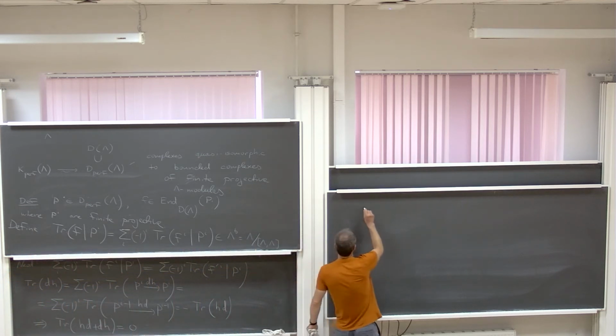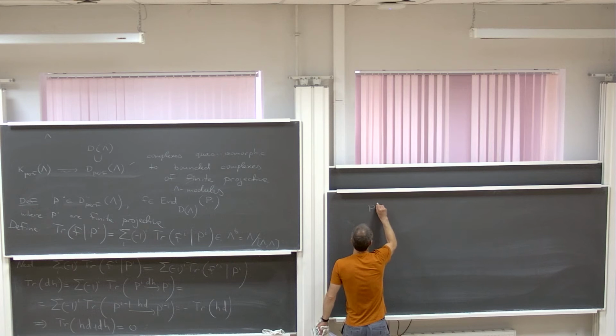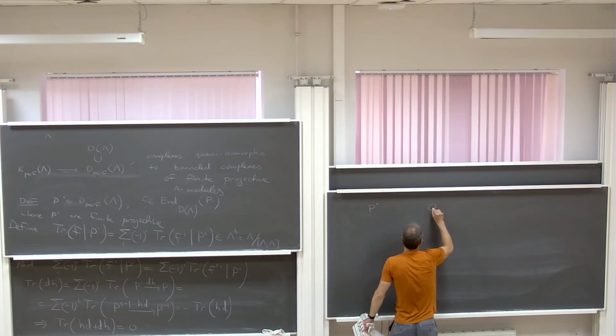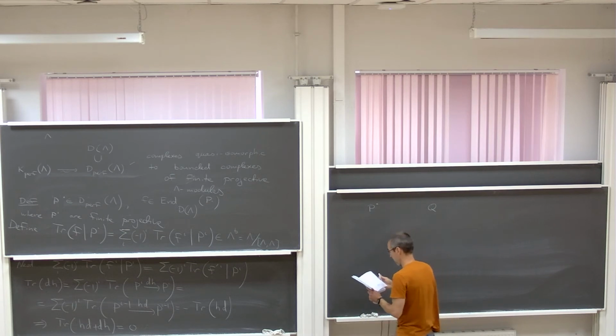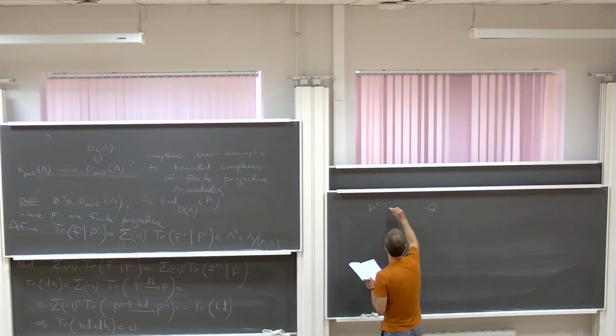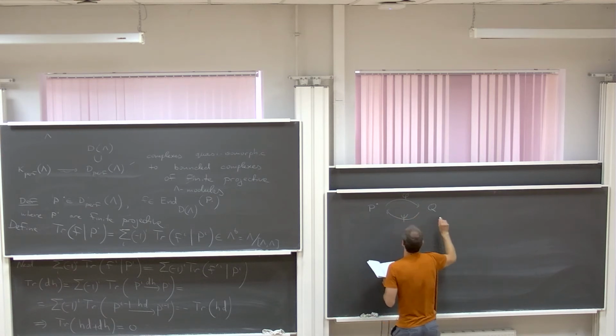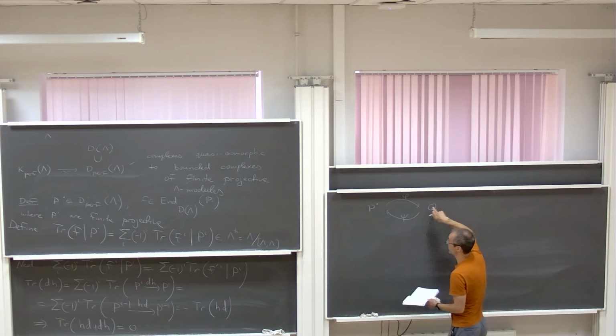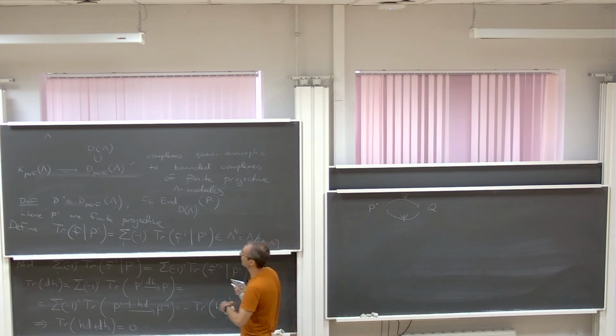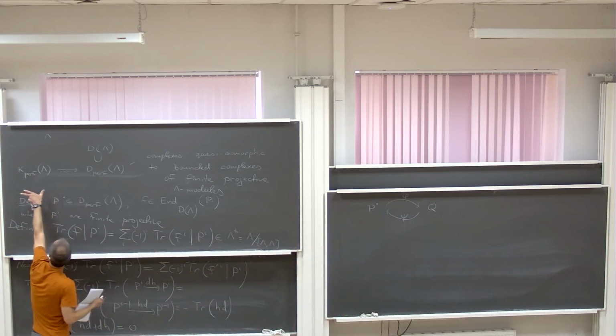So suppose you have P, and suppose you have, say, Q, and suppose we have phi, psi, and you have an isomorphism in this category.